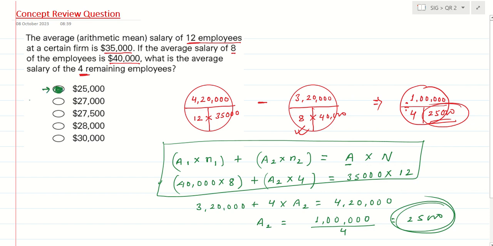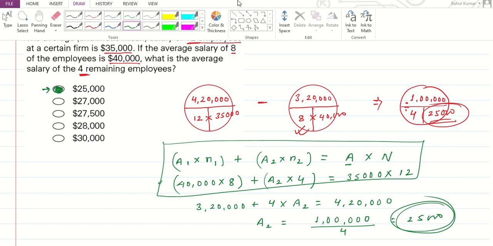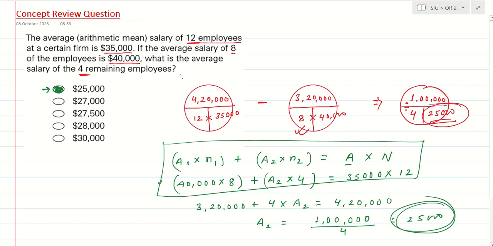Interesting to see the weighted average concept and the average concept. So, total I know 12 employees, and out of the 12 employees, I know the average of 8 employees, right? So I can find out the sum of salary of 8 employees, that is 3 lakh 20,000.